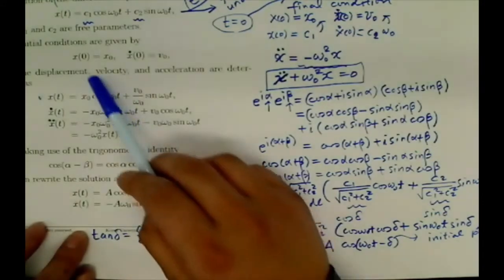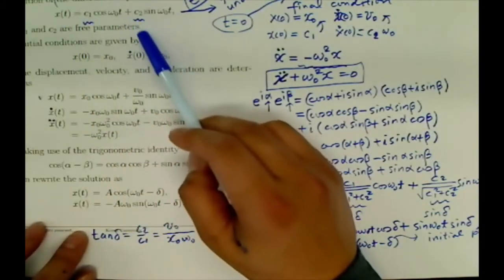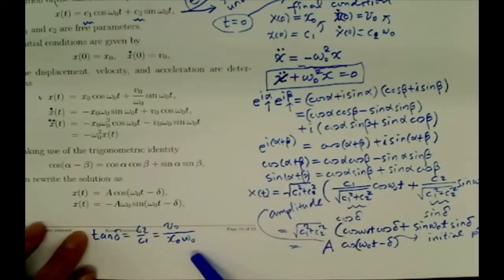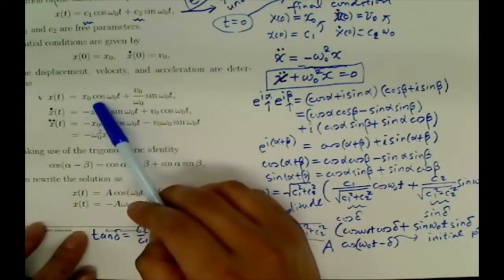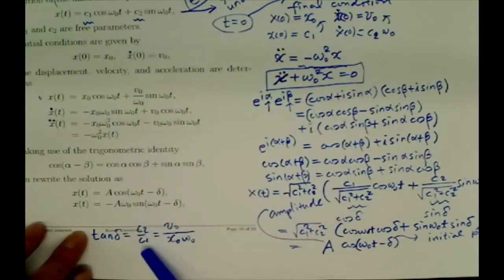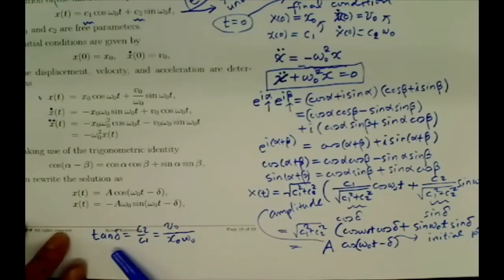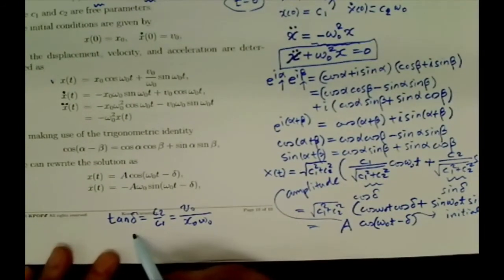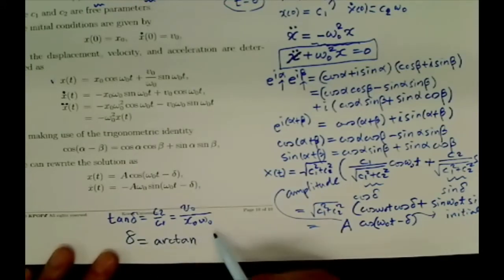You know, C2 is here, and that is v0 over omega 0. And C1 is x0. Therefore, the initial phase delta is completely determined as delta equals arctangent of v0 over x0 omega 0.